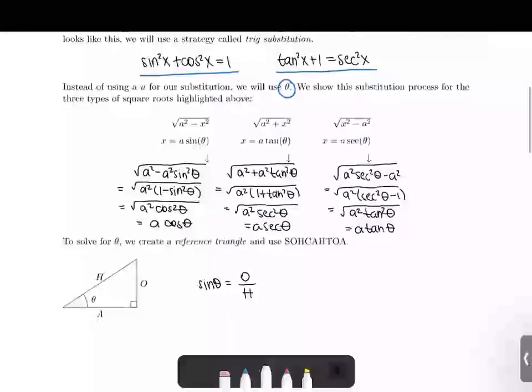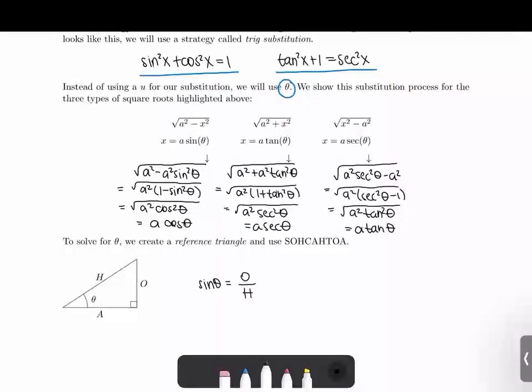So SOH is sine equals O over H. The CAH in SOHCAHTOA tells us that cosine of theta equals adjacent over hypotenuse. And lastly, the TOA part tells us that tangent equals opposite over adjacent. So that's what SOHCAHTOA tells us.